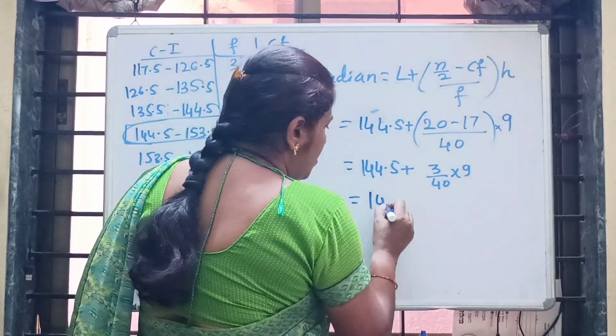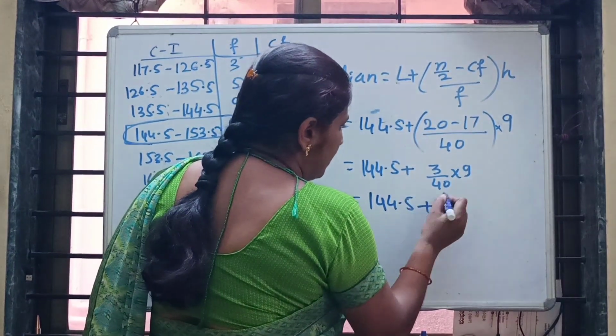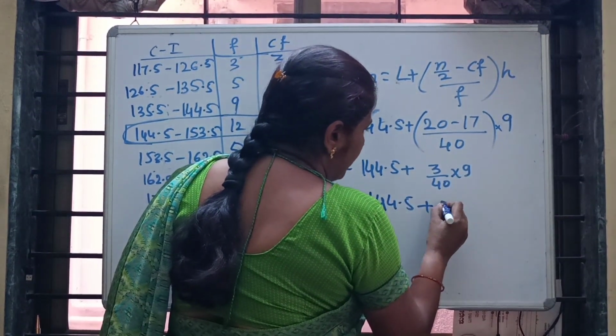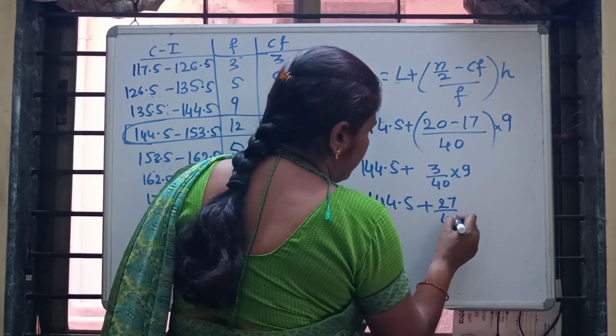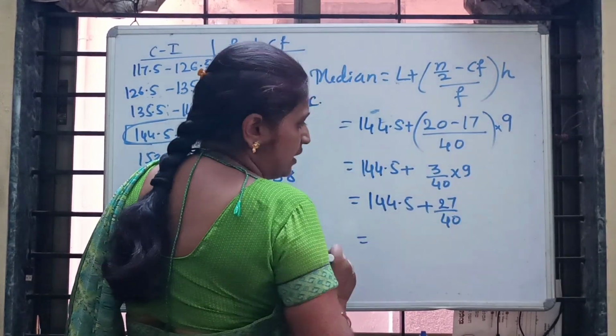Yes, children. 144.5 plus 9 3s are 27, divided by 40. So don't take LCM and all.